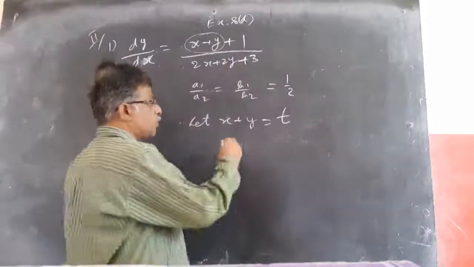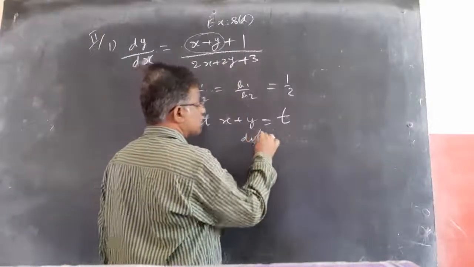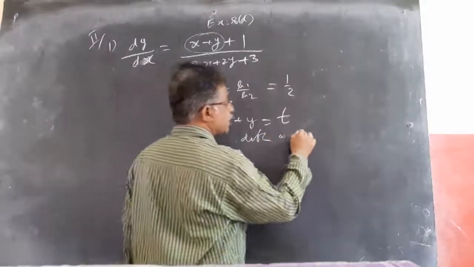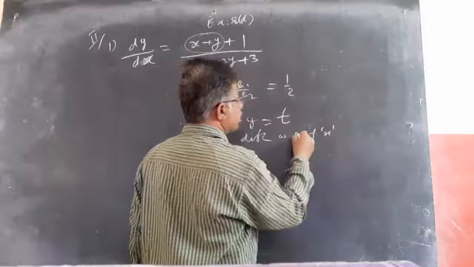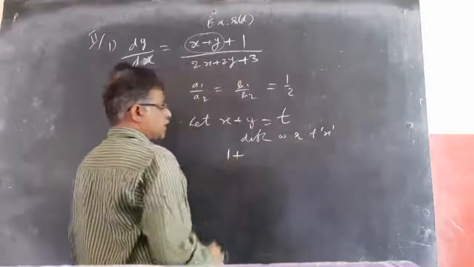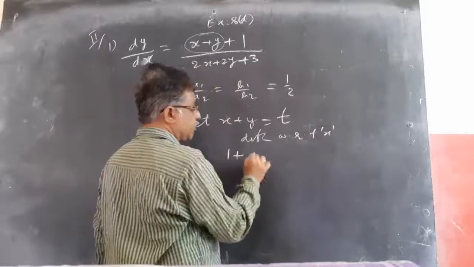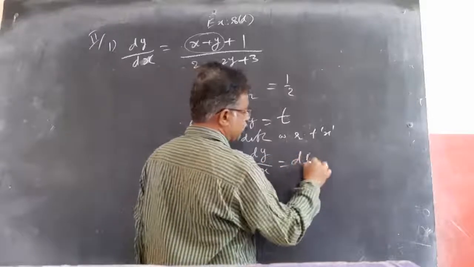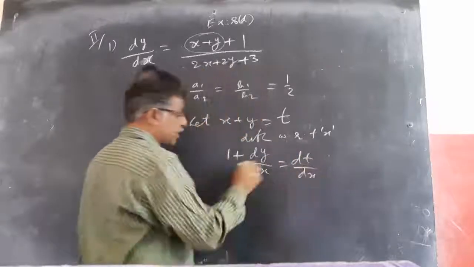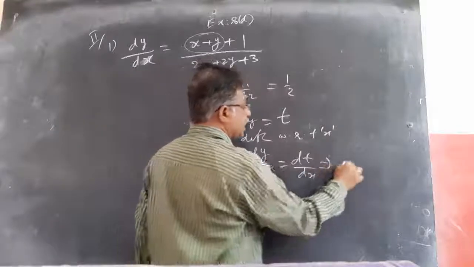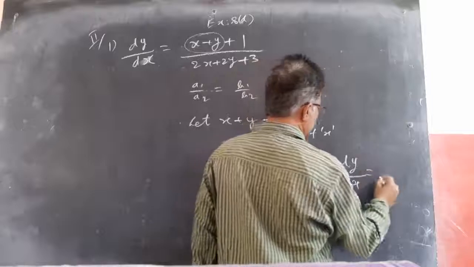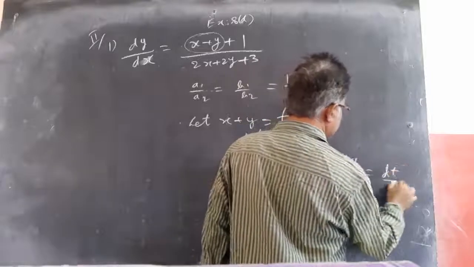How? Differentiate with respect to x. The derivative of x with respect to x is 1. The derivative of y with respect to x is dy by dx, equal to dt by dx. Now the 1 goes to that side, so dy by dx equals dt by dx minus 1.